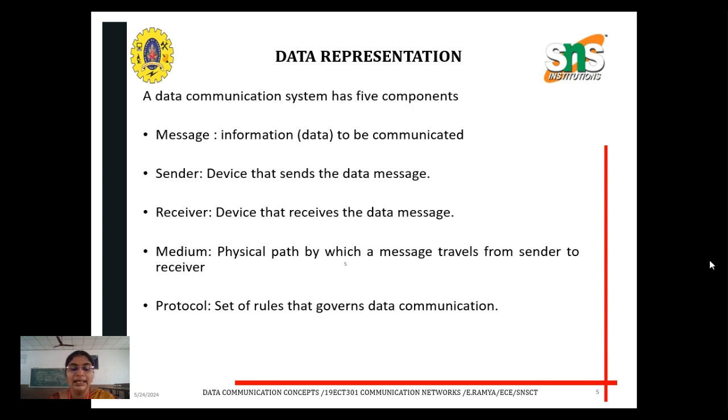Next is the protocol. Protocol is nothing but a set of rules that govern data communication. So these are the important elements in data communication. We have five important elements: message, sender, receiver, medium, protocol.